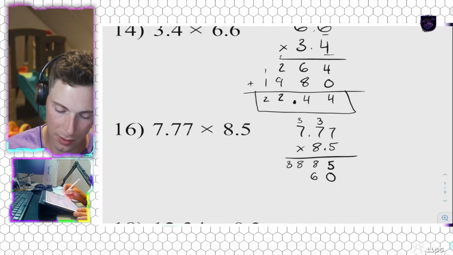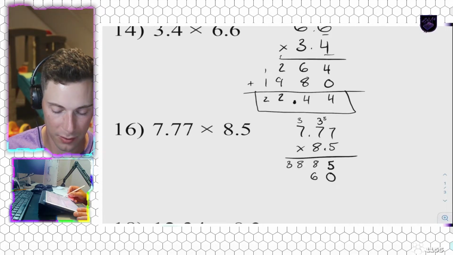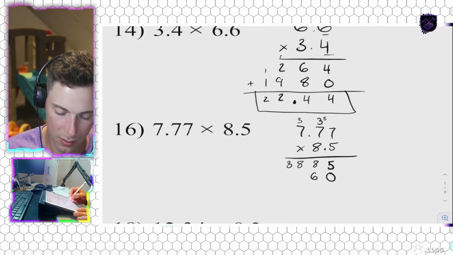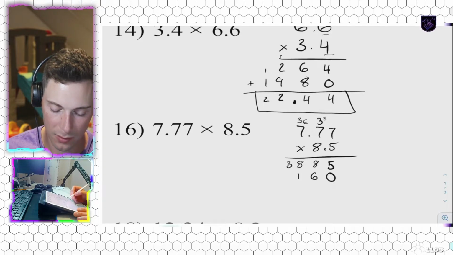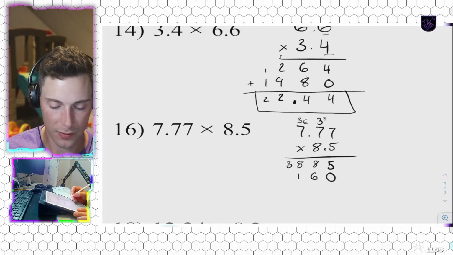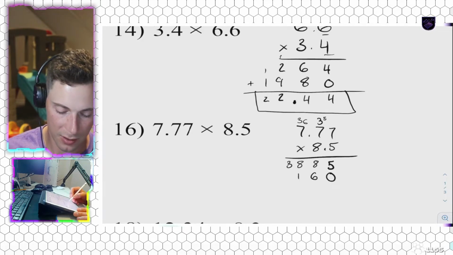We'll write our 6, carry our 5. 7 times 8 is 56 plus 5. It's going to be 61. Write our 1, carry our 6. 7 times 8 is 56 plus 6. It's going to be 62.